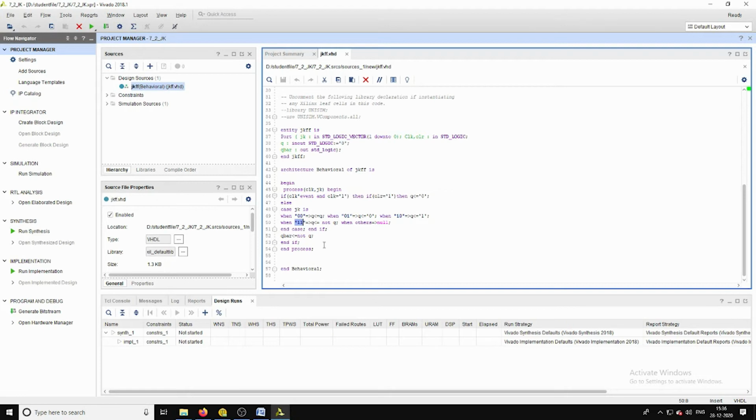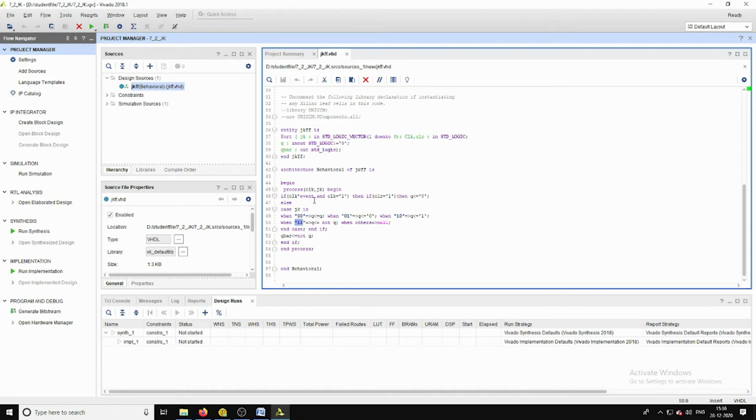In order to do this realization of the JK flip-flop VHDL code, I have considered here the input JK as a 2 input vector of size 2 bits, and other 2 inputs are clock and clear. Initially I have assigned Q with 0 because the same value is going to be assigned to its next state output value.